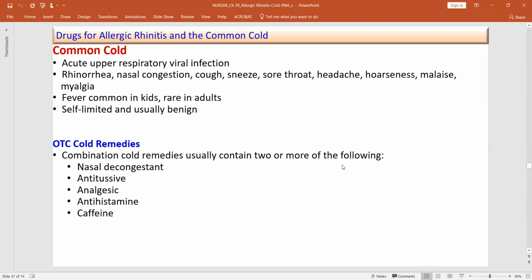These are some of the remedies and medications that we take for the common cold. There are decongestants, antitussives, analgesics, antihistamines for allergic and cholinergic actions, and caffeine, which is to offset any effect of the antihistamine.